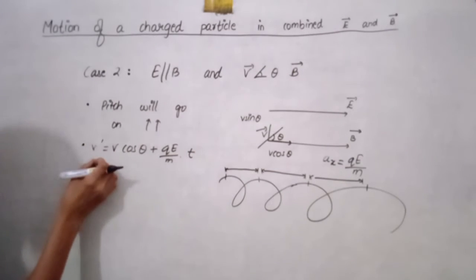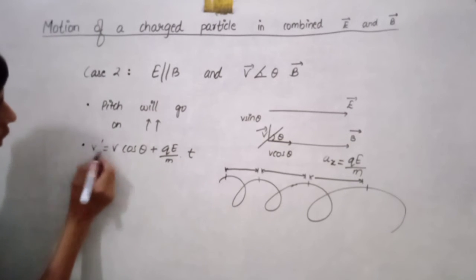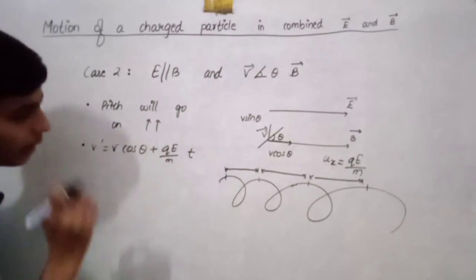And this is of the form v equals u plus at. So this is our v, this is our u, this is our a, and this is our t.